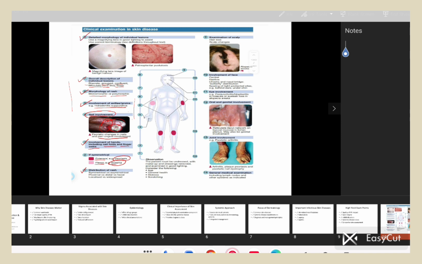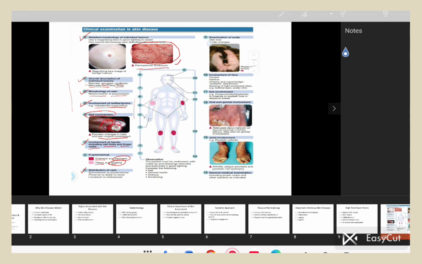Then we check the detailed morphology of the individual lesion using a magnifying lens in good light to help us use correct terminology. For example, this is the morphology of palmoplantar pustulosis.